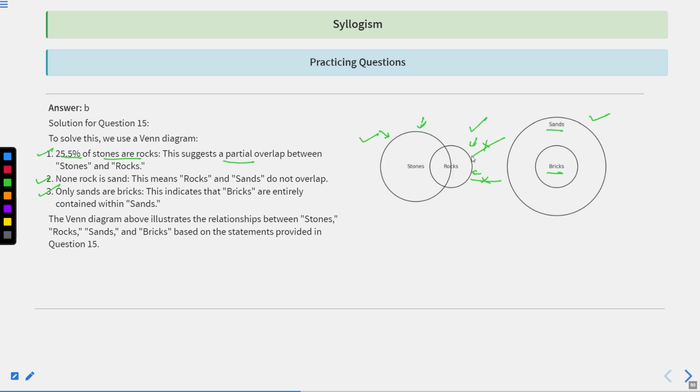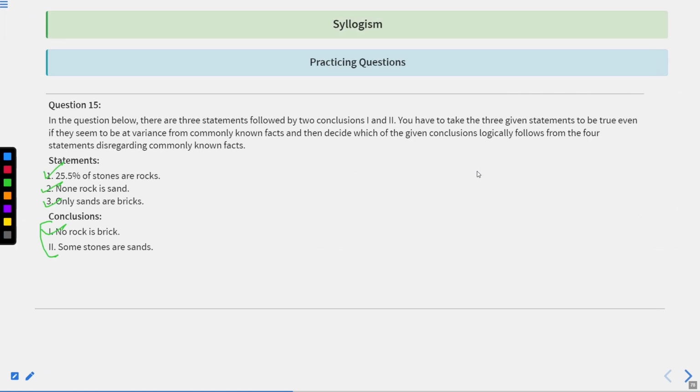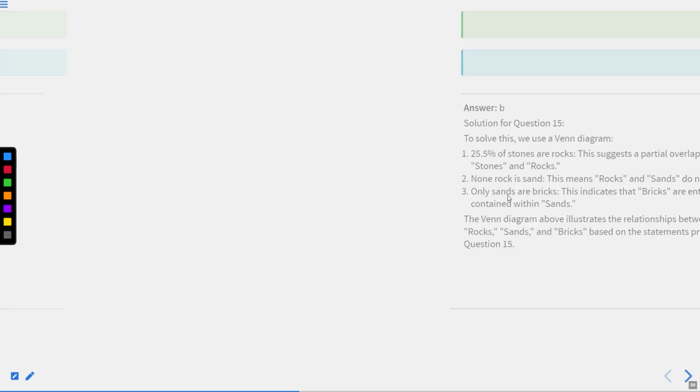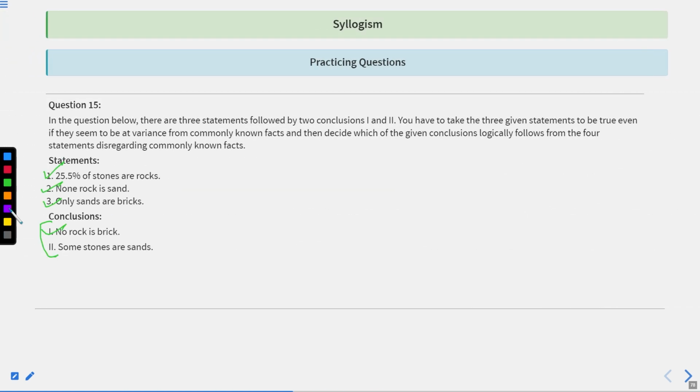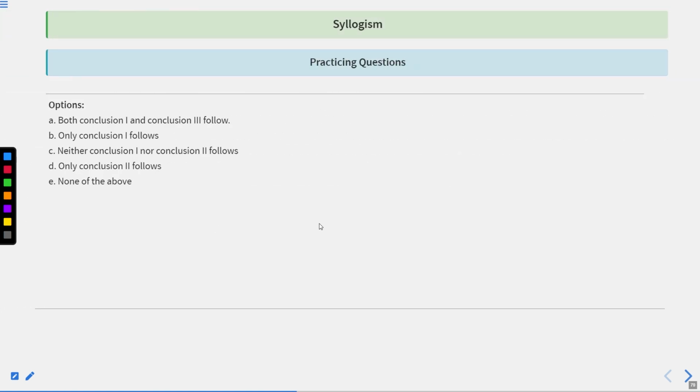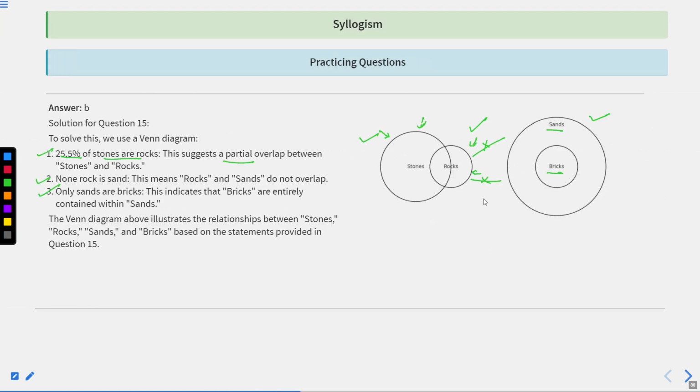Since it has been clearly mentioned that no rock is sand, anything contained within the sand obviously will have no relation with rock also. So the statement which suggests that no rock is brick seems to be correct. So the first conclusion is correct.